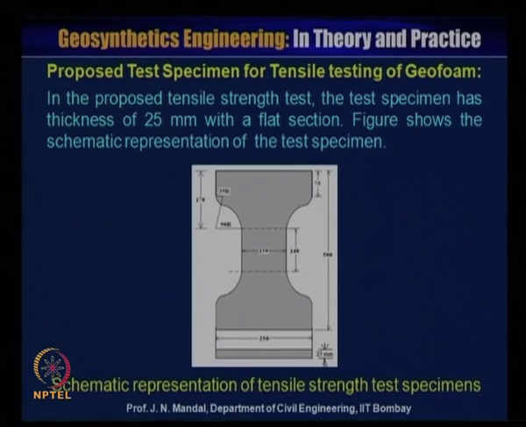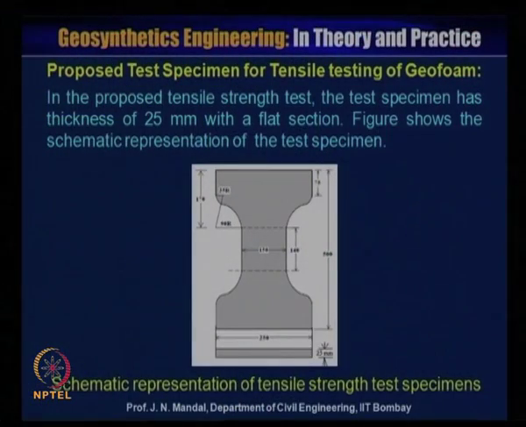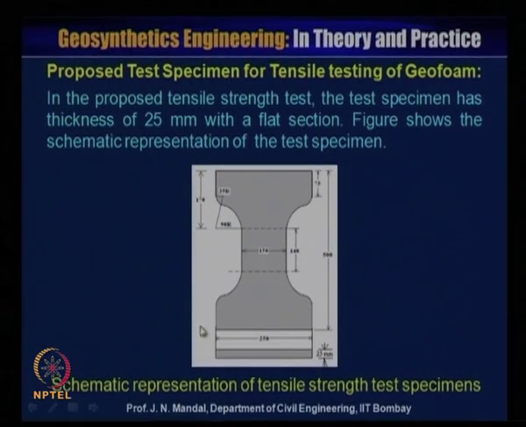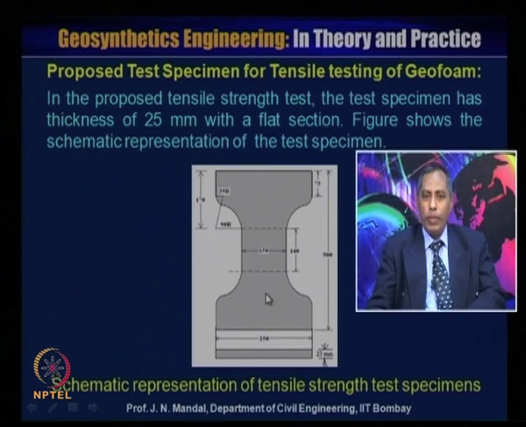So, we have recommended and proposed a test specimen for the tensile strength of the geofoam. In this proposed test, the specimen has a thickness of 25 millimeter with a flat section. This figure shows the schematic representation of the test specimen.